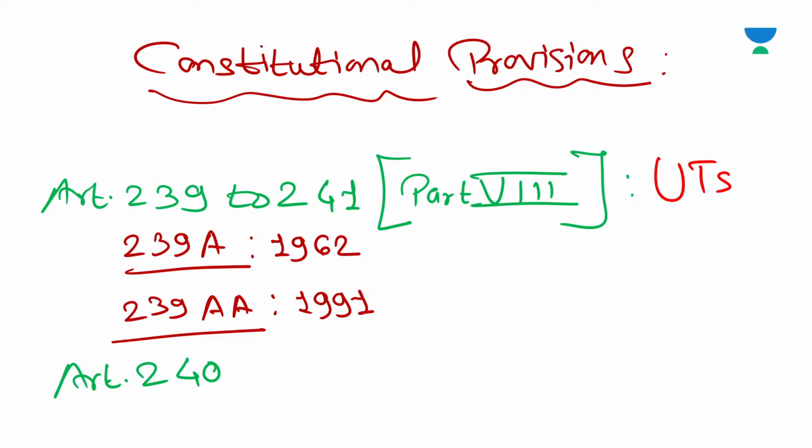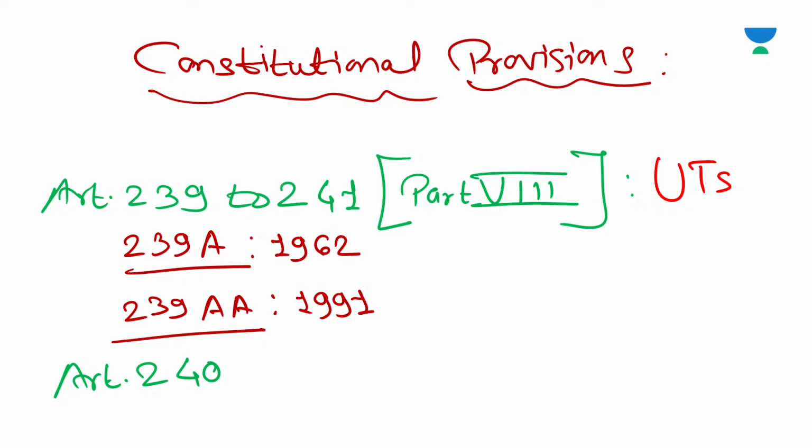In case of Puducherry, the President can make a regulation to legislate only when the assembly is suspended or dissolved. So Article 240 deals with the provisions related to these union territories.